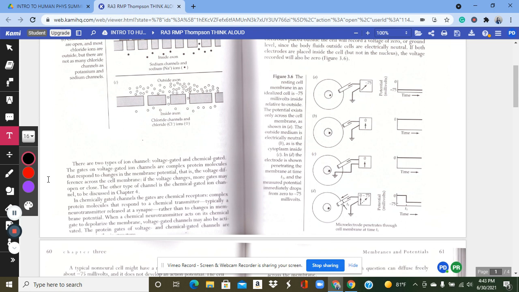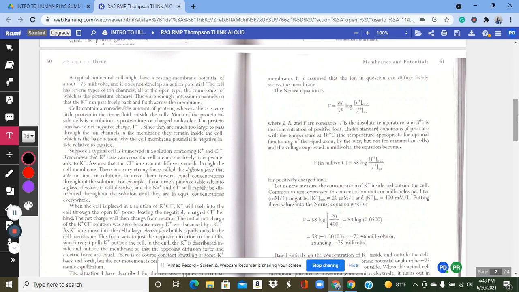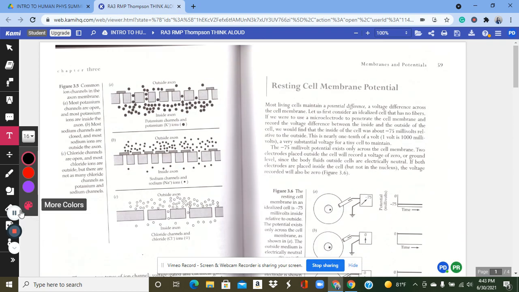So, when a chemical neurotransmitter acts on its chemical gate to depolarize the membrane, voltage-gated channels may also be activated. The protein gates of voltage and chemical channels are okay. It kind of got cut off there, but okay.